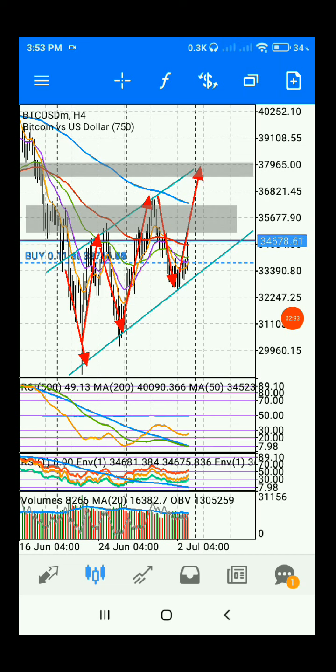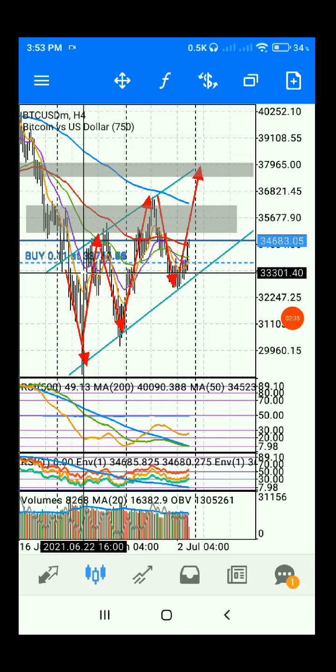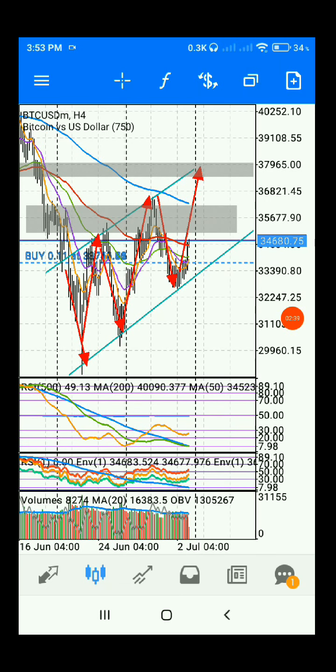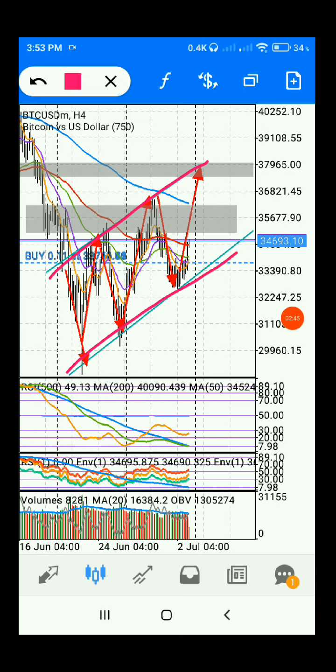So here I first drew this trend line and this trend line. You see, this is the first trend line, and then price goes up and down and up and down.